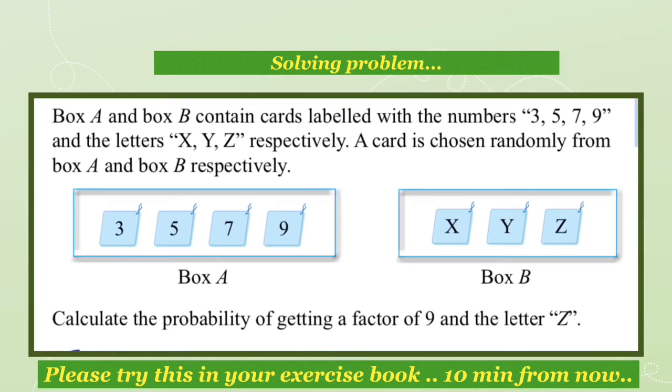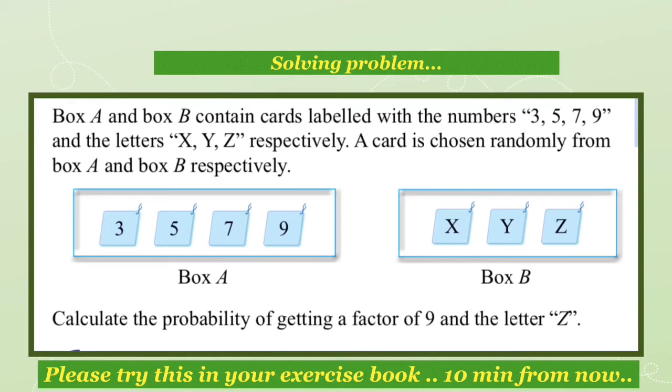So we proceed to solving problem. Box A and box B contain cards labeled with numbers 3, 5, 7, 9, and the letters X, Y, Z respectively. A card is chosen randomly from the box A and box B respectively.